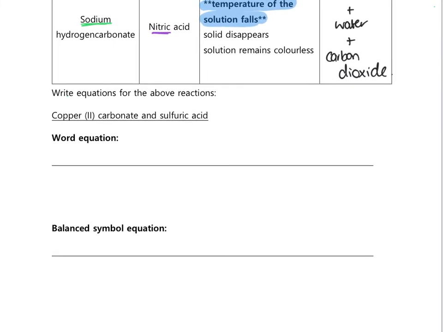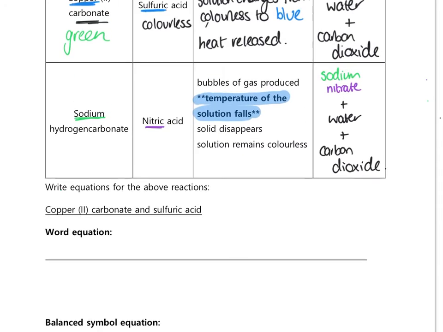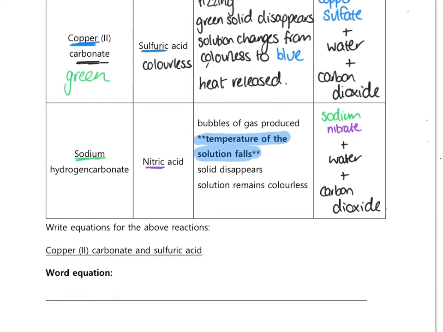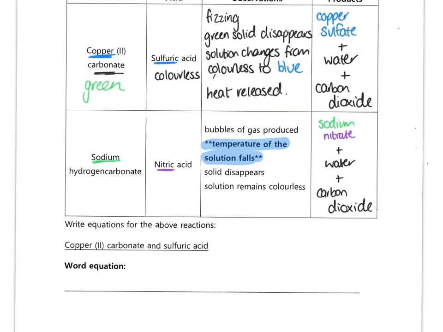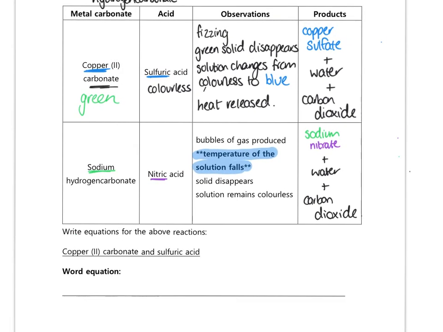So we've got copper carbonate and sulfuric acid first of all. We can just write our word equation using the terms we've already decided. So if I make this a bit smaller, we can see from our table our reactants and our products. So the first reactant is our copper carbonate. So copper 2 carbonate.